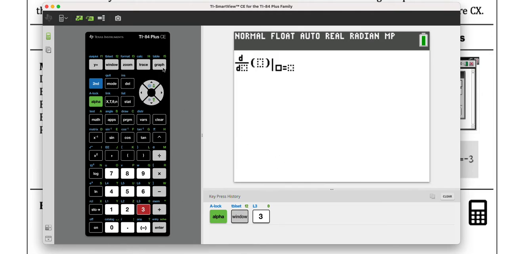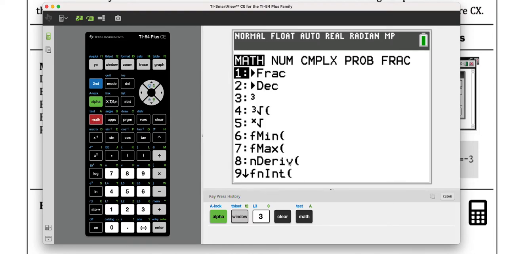Okay, I'll hit clear. The other spot you can find it is by hitting the math button. This is where you'd have to go on the 83. If you hit the math button, there'll be nDeriv. You might have to scroll down to see number 8. Yeah, you found it. Either way, on the 84s, it's the same spot too. Some people just don't like going to that secret hidden menu.